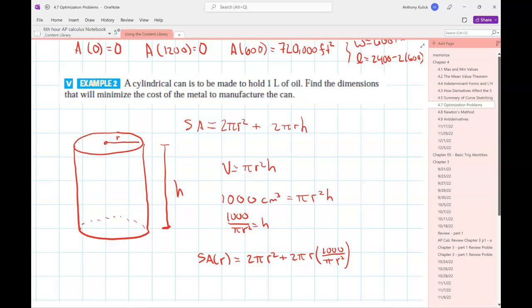Let's go ahead and do some reducing, or simplifying. So I'll write it that way. You could write it over R also.